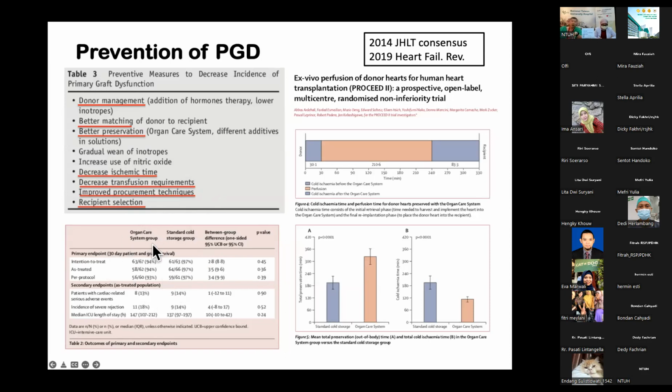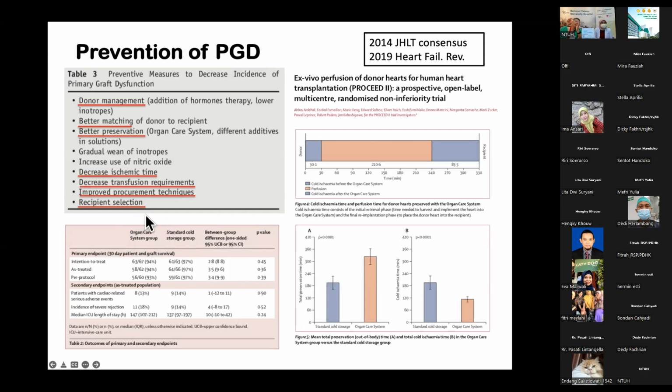Okay. Organ care system is a warm care system. It proves it works, but the problem is the standard cold storage is now very standardized. Under this one, we must have some extra solution.